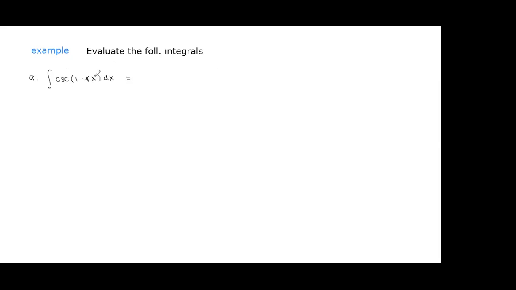So the antiderivative of cosecant of x was just minus ln of cosecant of the inside function plus cotangent of the inside function. And then I'm going to have to divide by the derivative of the inside function, so here I'm going to divide by minus 4, and the inside function was 1 minus 4x. Plus a constant of integration in the end.